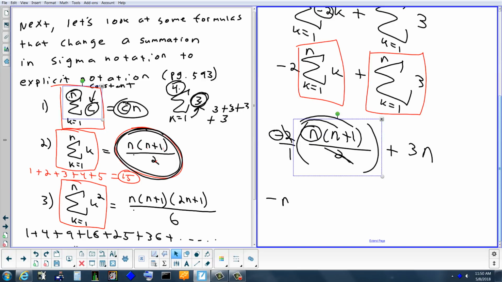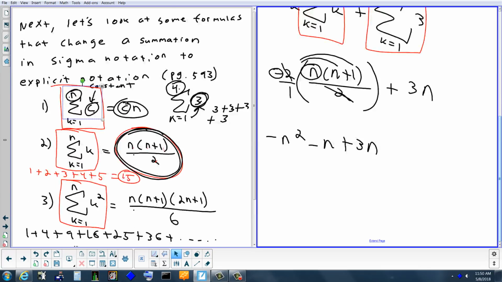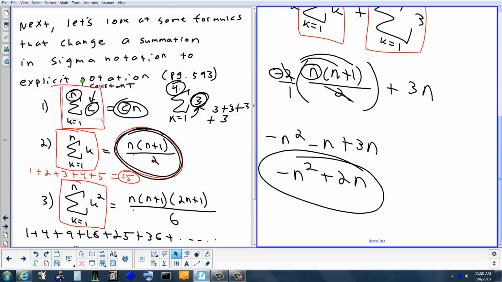Negative n squared. And what's negative n times 1? Negative n. And the plus 3n, we didn't do anything with it yet, but we can combine. What's negative n plus 3n? 2n. And that's the answer.